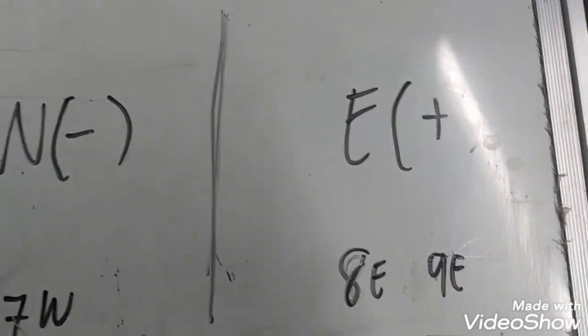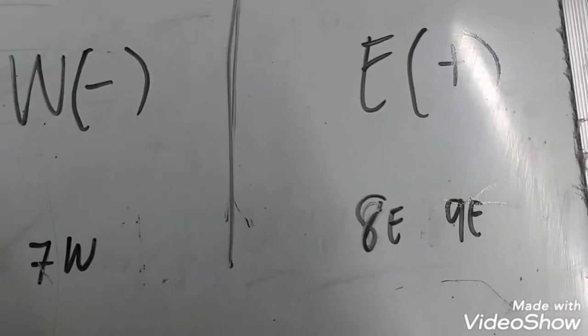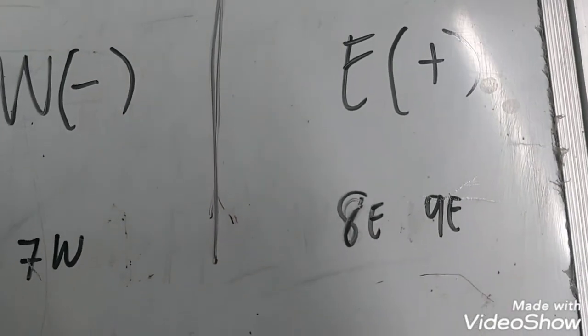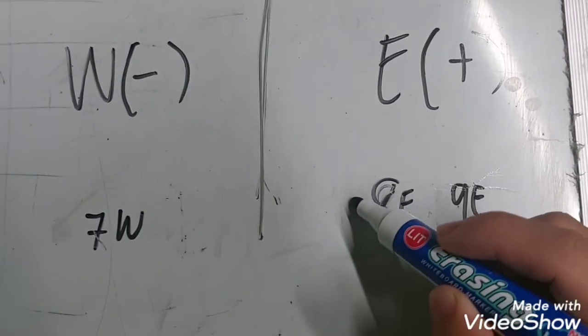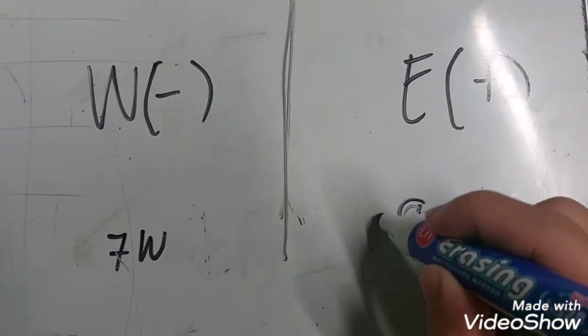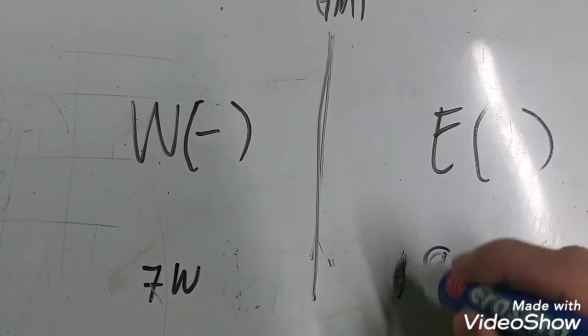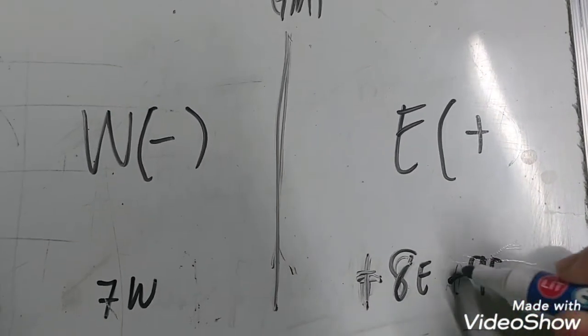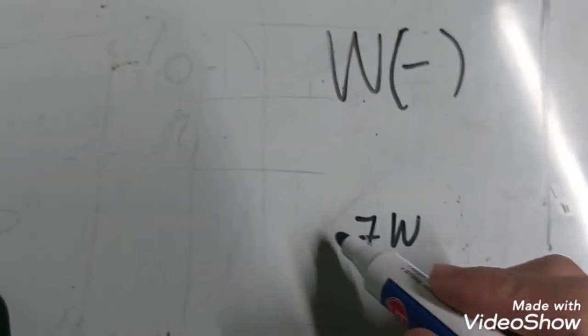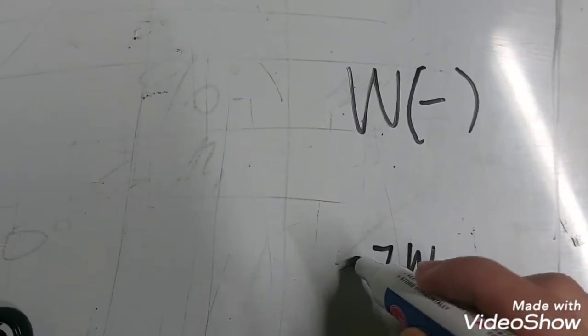So when you encounter a problem given only the direction, when you see east, it automatically becomes positive. East, positive. And when you see west, it becomes negative. Just always remember the sign.